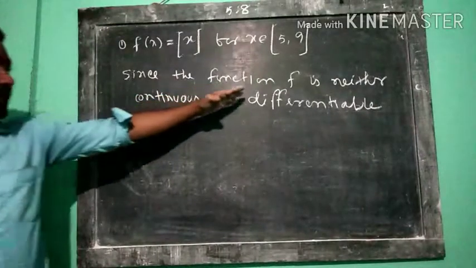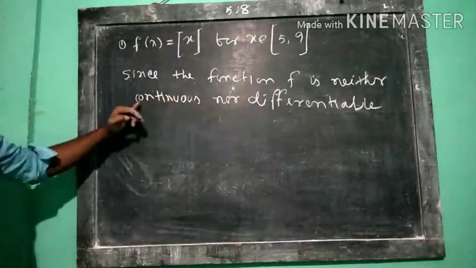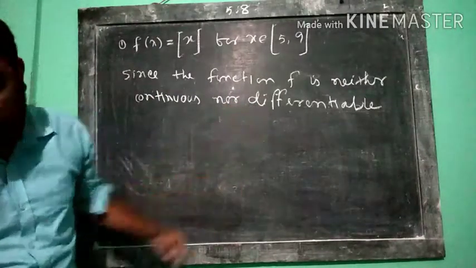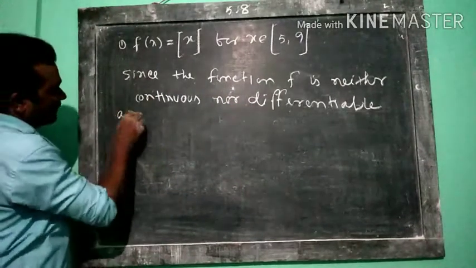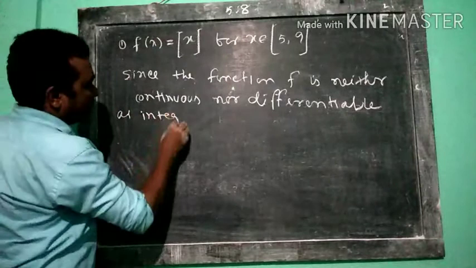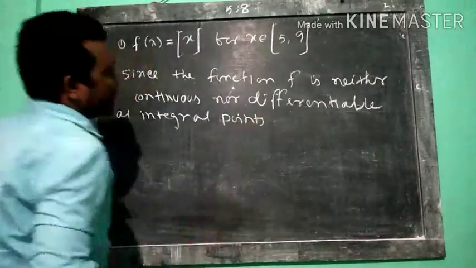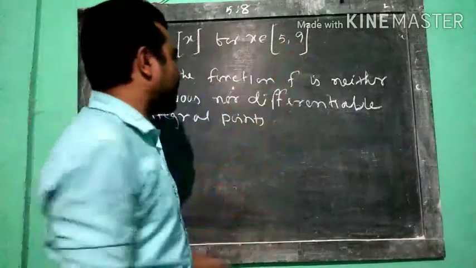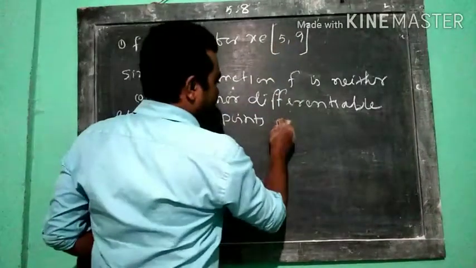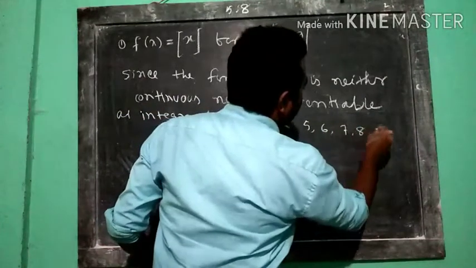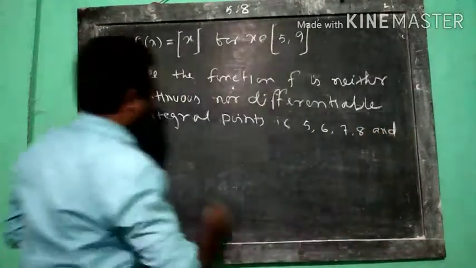Since the function f is neither continuous nor differentiable at integral points, what are the integral points? Integral points in 5 to 9 are 5, 6, 7, 8 and 9.